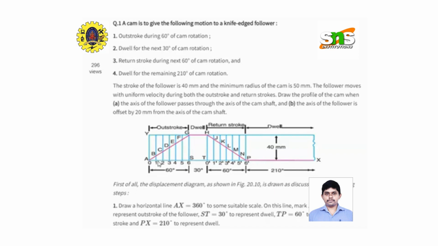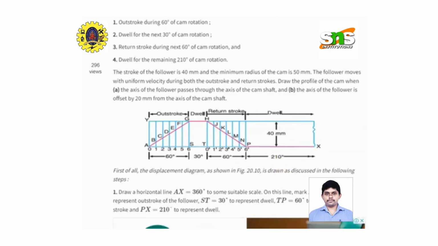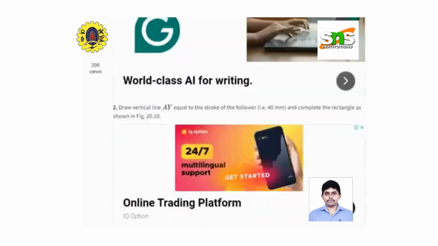Let us take 1 centimeter equal to 30 degrees, or 2 centimeters, whatever suits the given angles, we take it as a mean value. Accordingly we proceed with this diagram. Let me show it in detail.